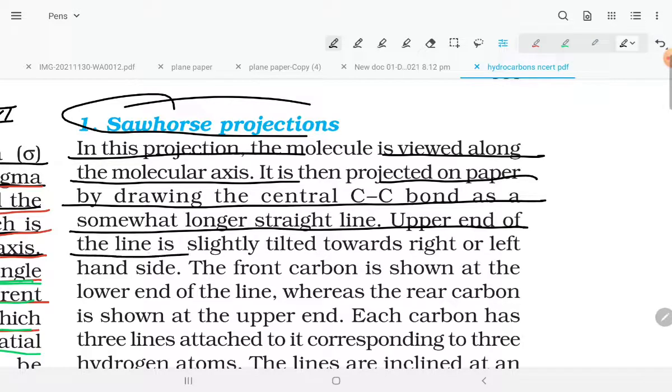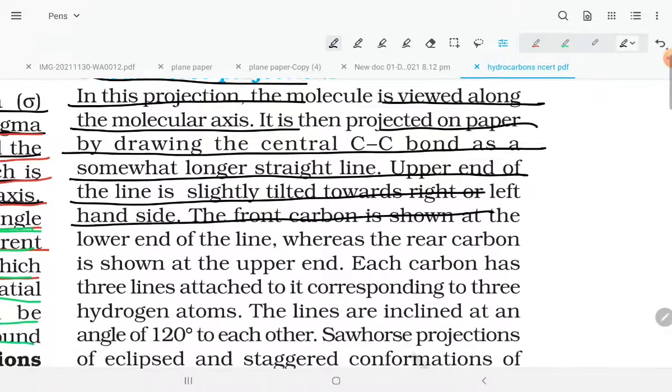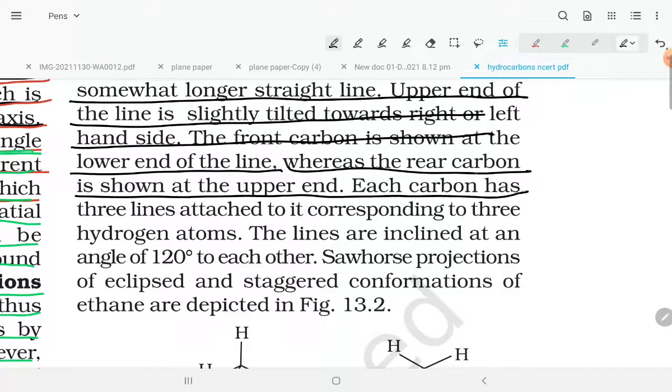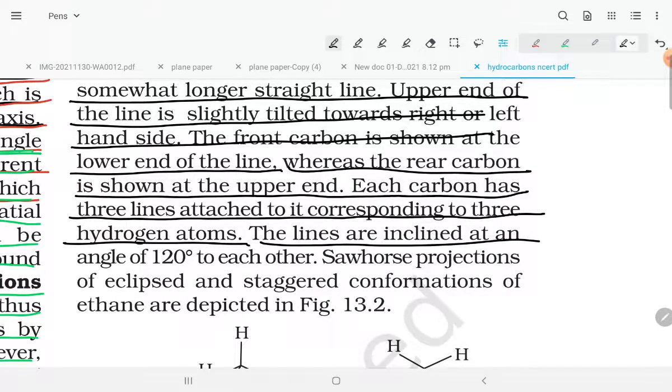The upper end of the line is slightly tilted towards the right or the left hand side. The front carbon is shown at the lower end of the line, whereas the rear carbon is shown at the upper end. Each carbon has three lines attached to it corresponding to three hydrogen atoms. The lines are inclined at an angle of 120 degrees to each other.